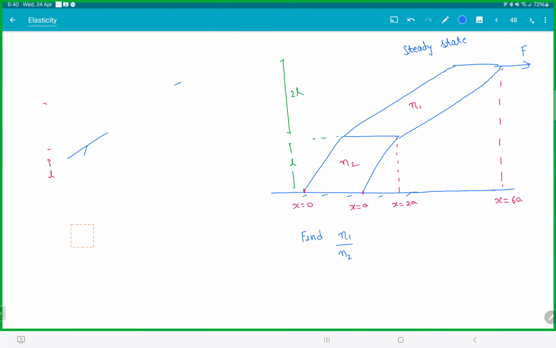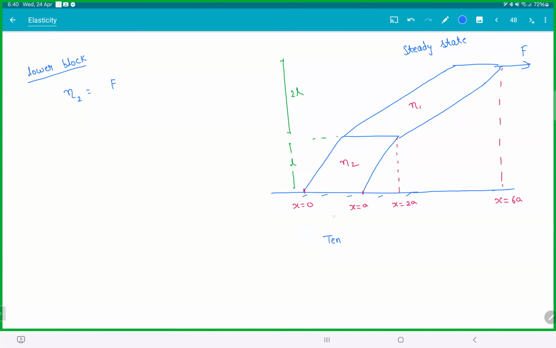Easy one. See, for the lower block, what is rigidity modulus? Eta 2 is force. Force is F only. The tension is same everywhere.